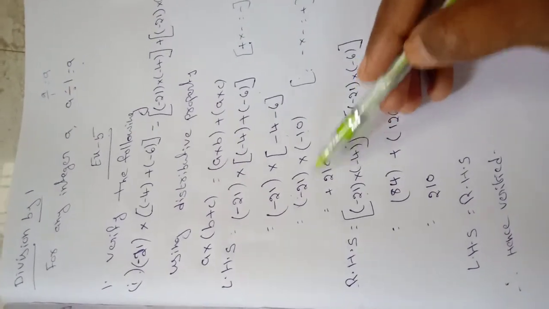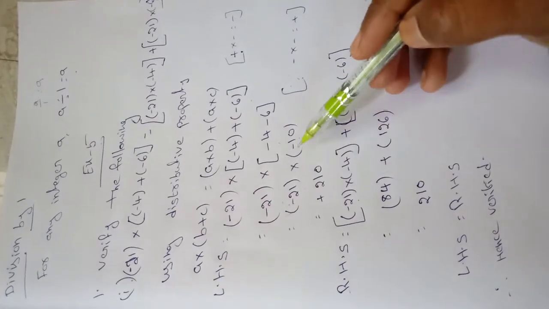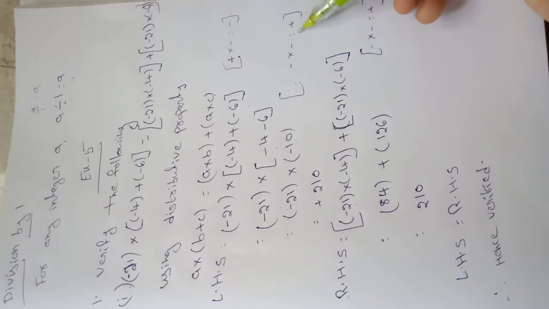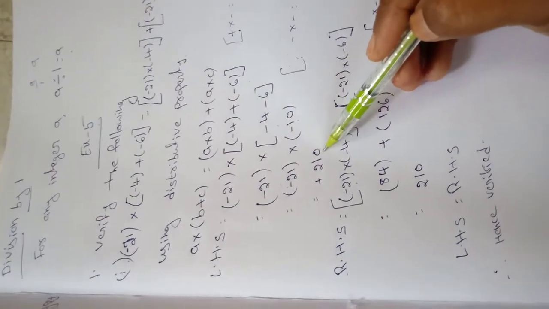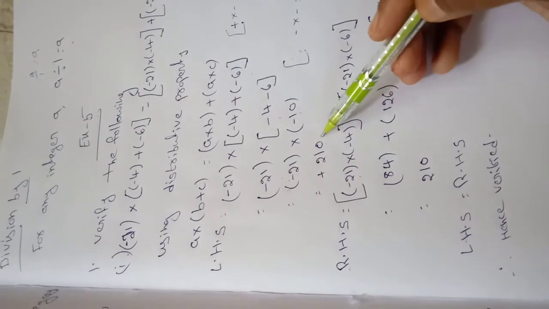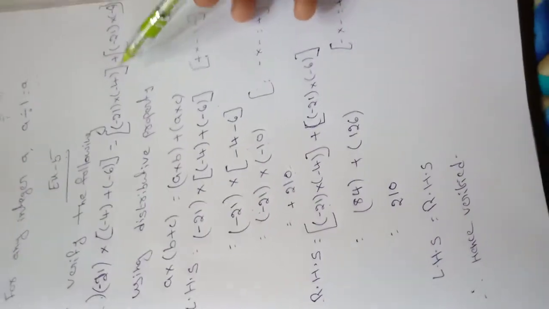Now minus 21 into minus 10, we multiply. Minus into minus is plus, 21 into 10 is 210. So the LHS answer is 210.